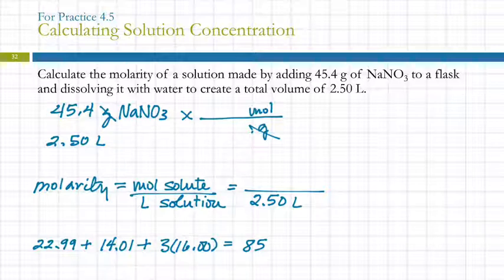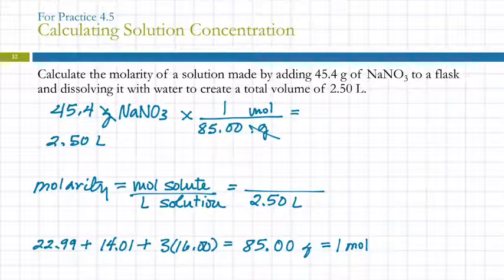Sometimes we get misguided and we think 85, whole number, exact number. No, that's not a counting number. The calculator says 85 because this just happened to work out to exactly 85, but there's uncertainty. So we should put zeros there to indicate 4 significant figures. So that many grams is equal to 1 mole for this compound. So I've got 1 mole of 85.00 grams down there.